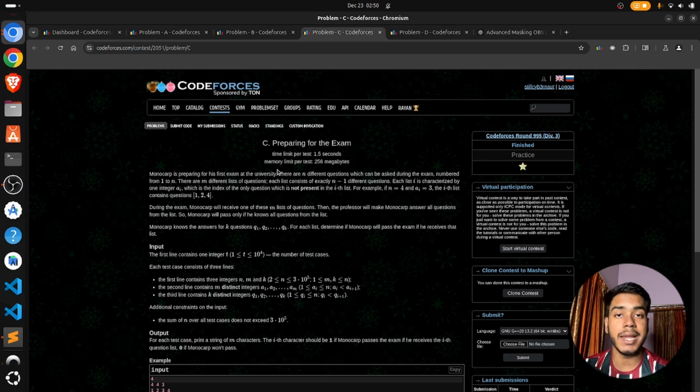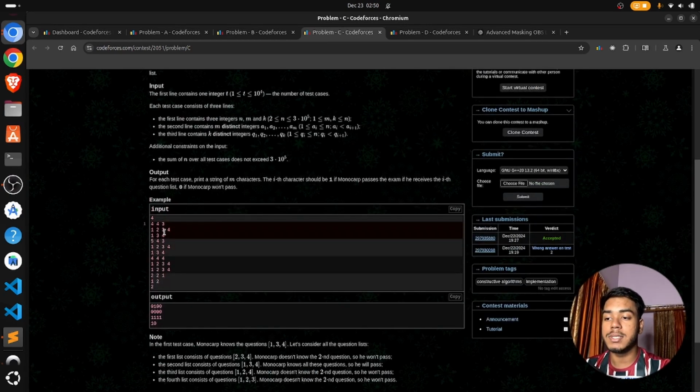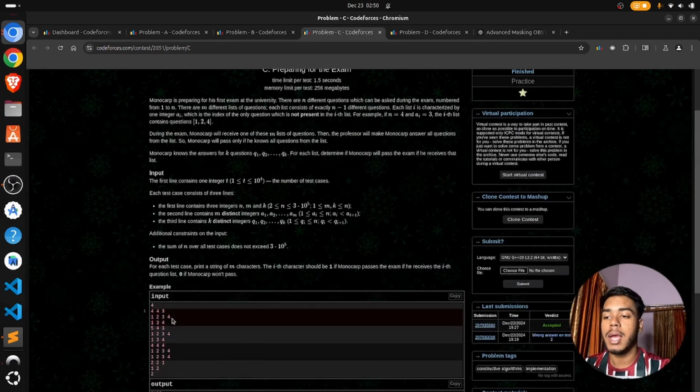Okay, so the basic overview of the simple version of the question is: there are n questions from 1 to n, and you will be given an integer m, which is basically the number of queries. For example, in the first example, n equals 4, the questions are 1 2 3 4, and m is 4 also.